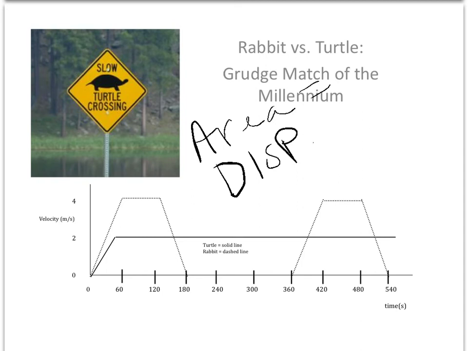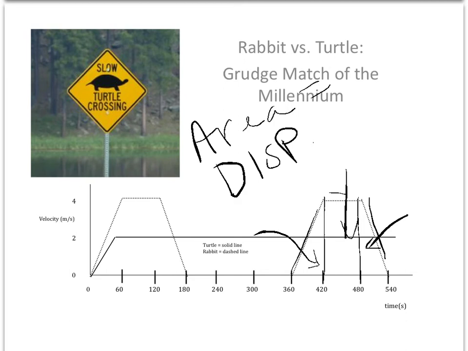So just to pick a section, we're going to look at this section out here where it looks like the rabbit sped up, traveled a steady speed, and then slowed down again. The way you handle area would be like the way you'd handle area in geometry class. This looks like a triangle, this looks like a rectangle, and this looks like a triangle. It's the same as the first triangle.